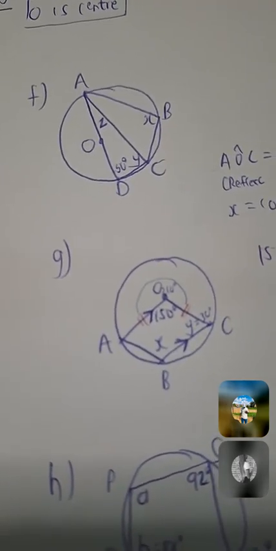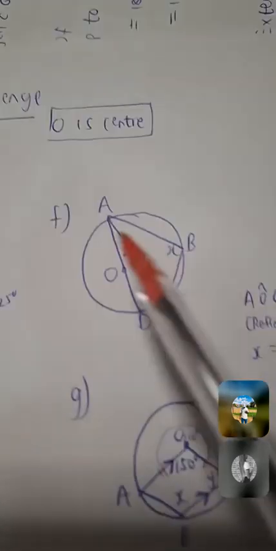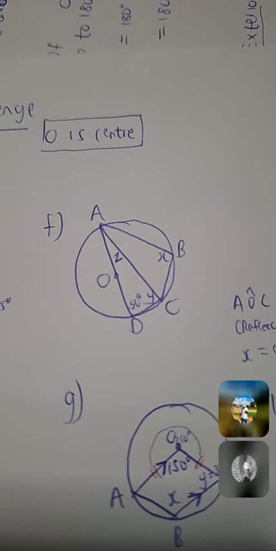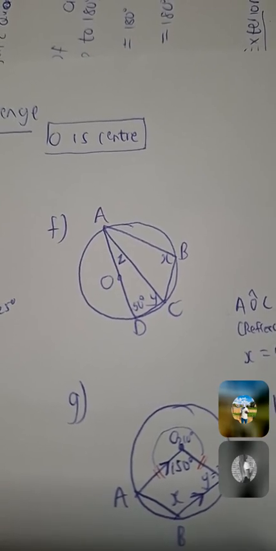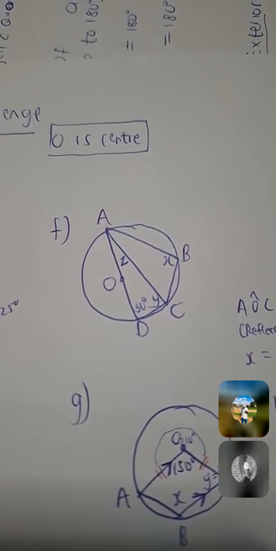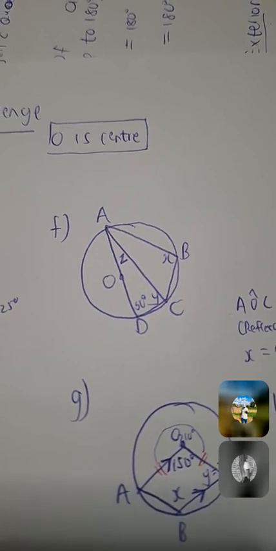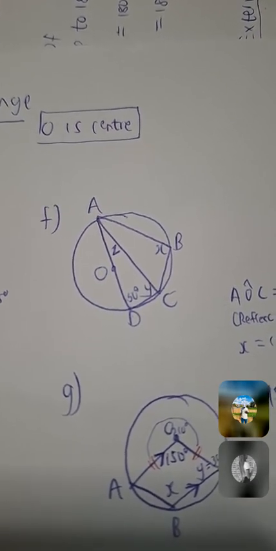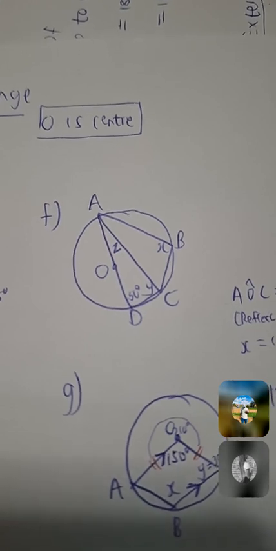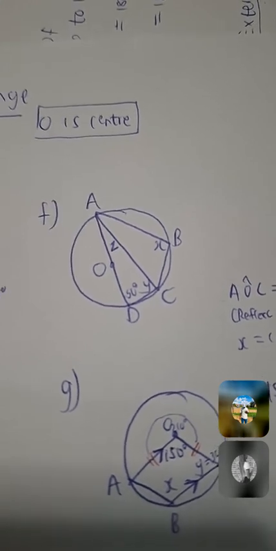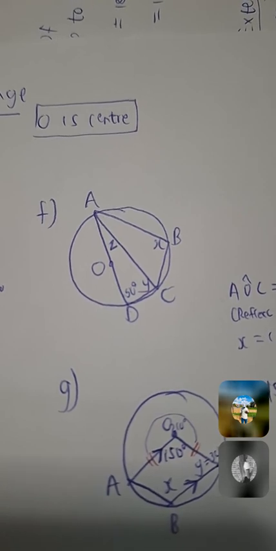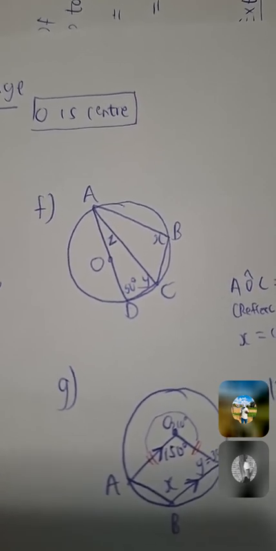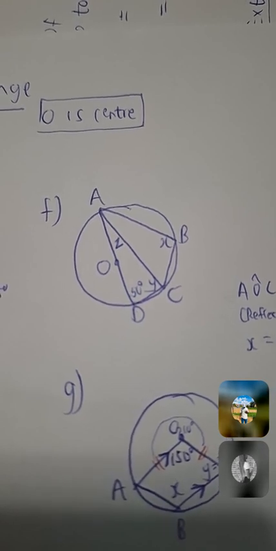Okay, so we're looking at this one, Sne. Okay, sir. I think ABCD is a cyclic quad because its four corners are touching the circumference. Definitely. Yes. Let's see.